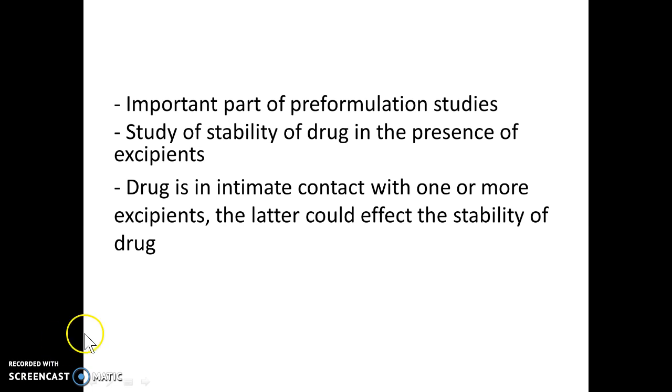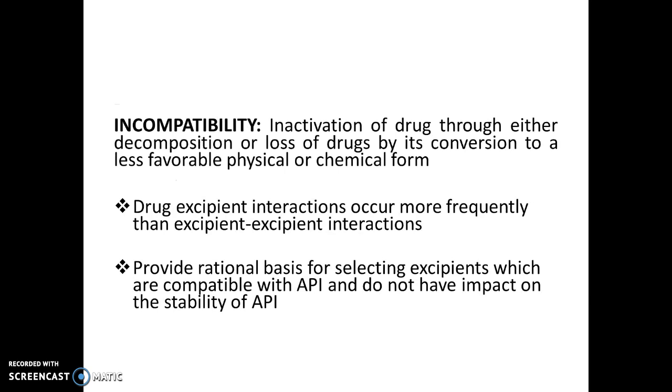As the drug is in intimate contact with one or more excipients, the latter could affect the stability of the drug. So we need to know whether our drug is safe and stable in presence of excipients or not. So how do we know whether our drug and excipient are compatible or not? First of all, we need to know what is incompatibility.